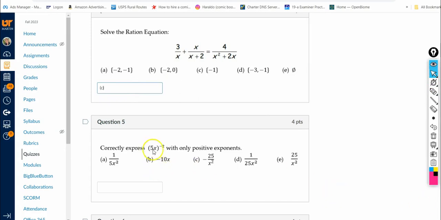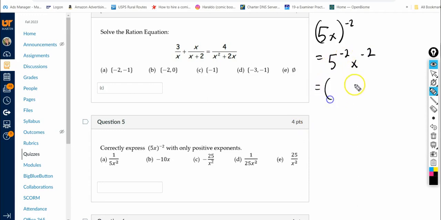Okay. Now let's look at number 5. You're supposed to only write that with positive exponents. Okay, well, for these parentheses, and we have a product inside, what's on the outside gets applied to everything separately inside. Now, if you have something to a negative power, that's the same as 1 over that to, and get rid of the negative sign.